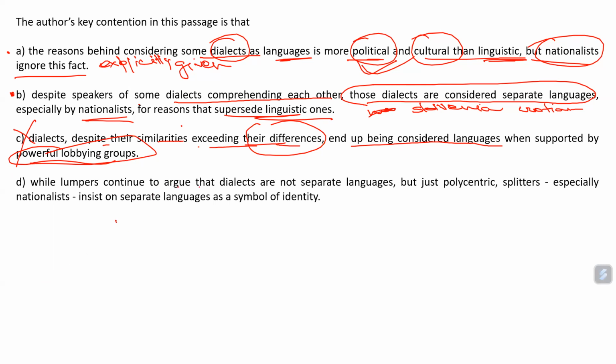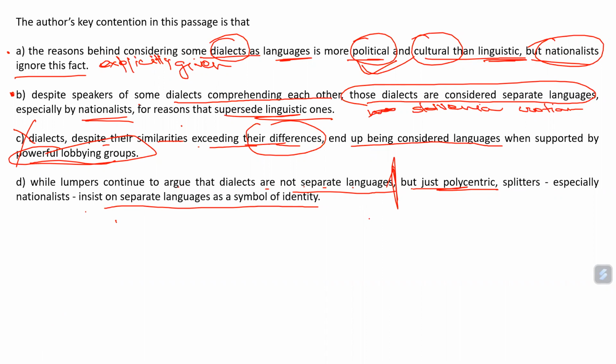While lumpers continue to argue that dialects are not separate languages, but just polycentric, splitters, especially nationalists, insist on separate language as a symbol of identity. So we have studied that dialects are not separate languages, but comprise part of a polycentric language, right? But what is given here is not separate languages.